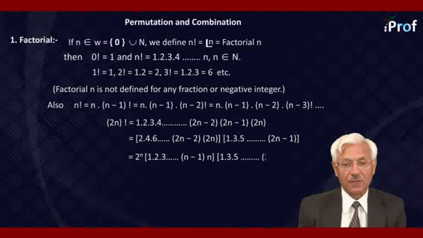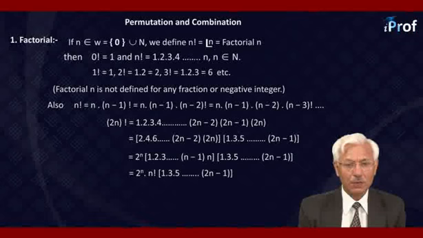The other factors being 1, 3, 5, and so on up to 2n minus 1. 1, 2, 3, 4 up to n can be replaced by n factorial. So 2n factorial is equal to 2 raised to power n into n factorial into 1 into 3 into 5 into 2n minus 1. It's a very important result.